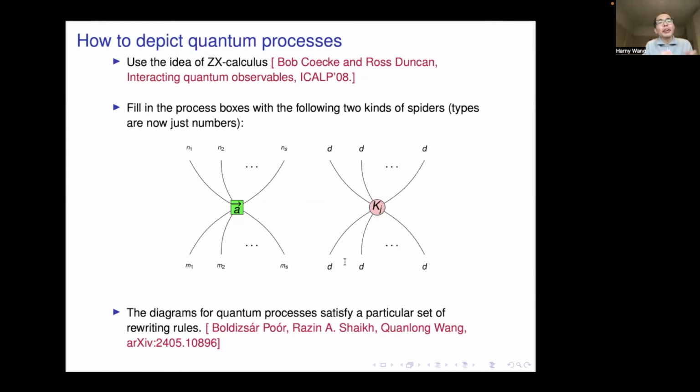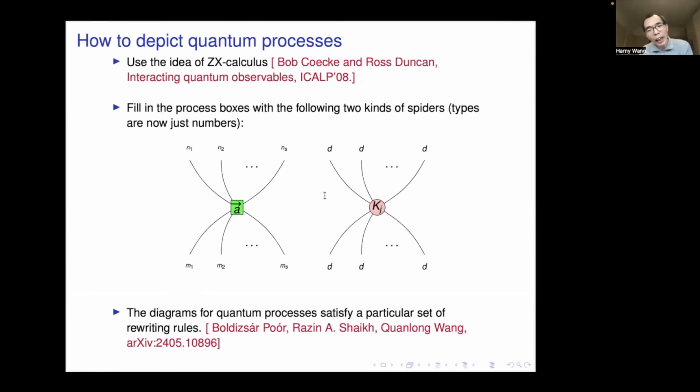So how are quantum processes depicted in a special way as shown in this calculus? The idea is very simple. We just fill in the process boxes with two kinds of spiders, just green and red. They look like spiders, so we call them spiders.